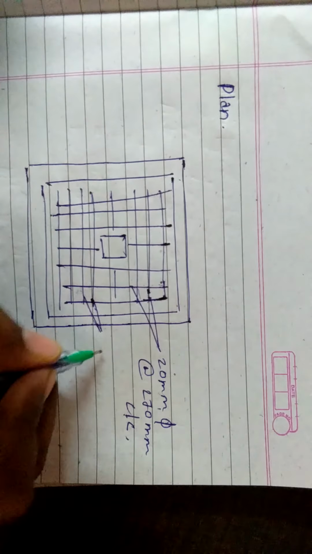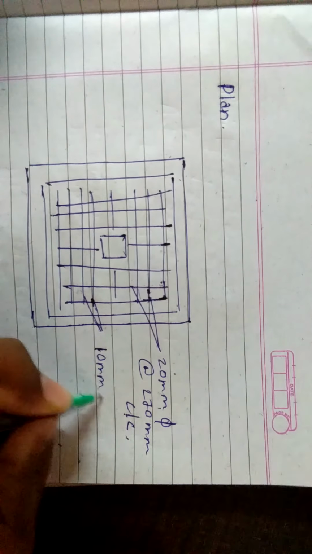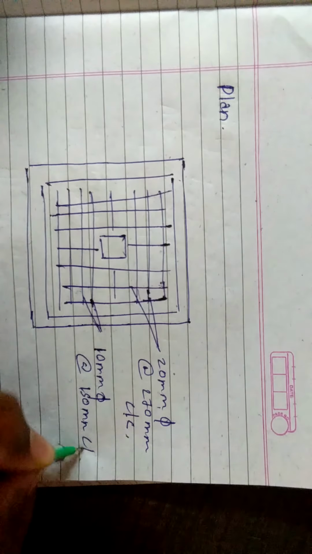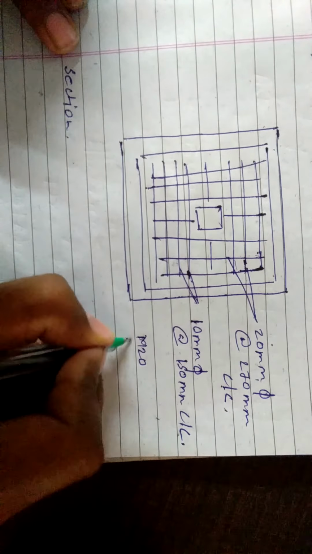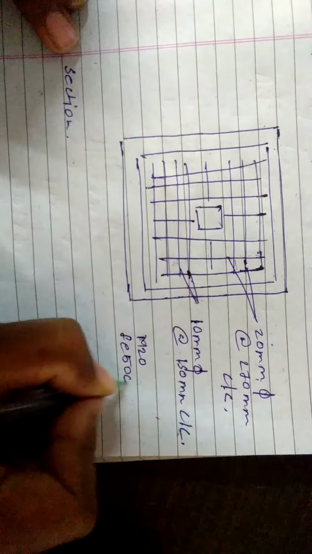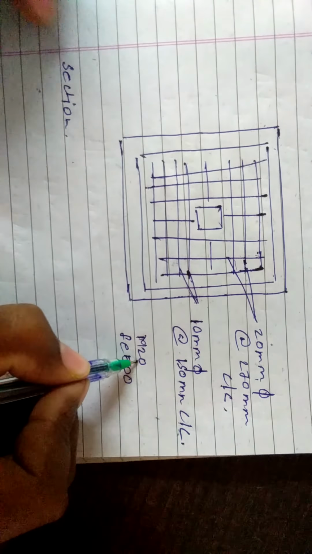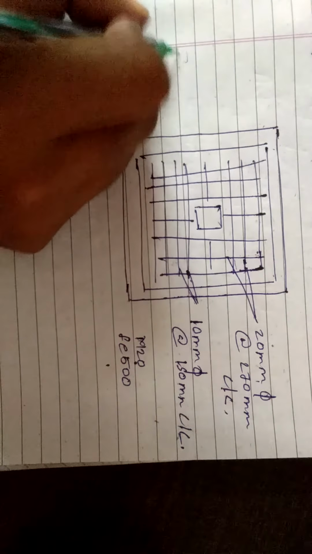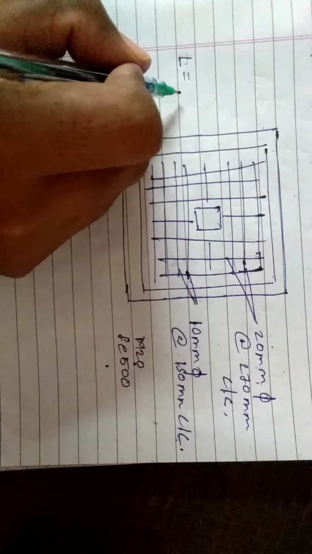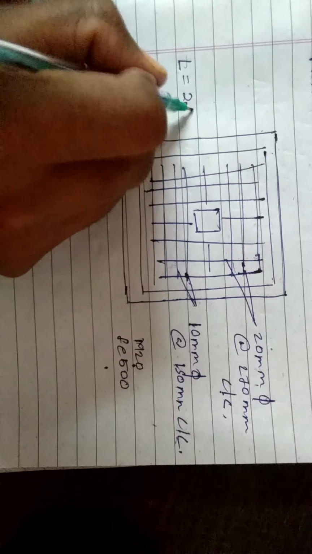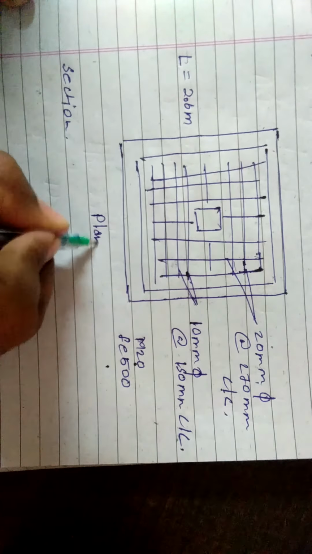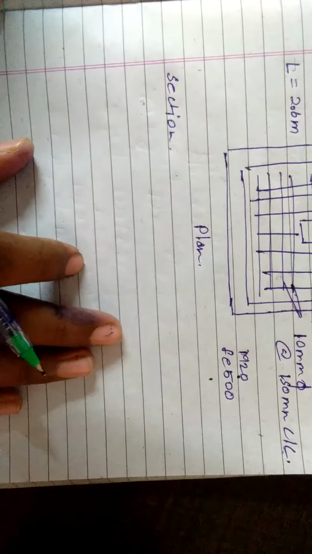Then the shorter span, 10 mm diameter at 150 mm center to center. Then the grade, M20 and Fe 500, meaning M20 FCK and FY, that is Fe 500. Then the value of L, which is 2.6 meter. So this is our plan, and now the section.